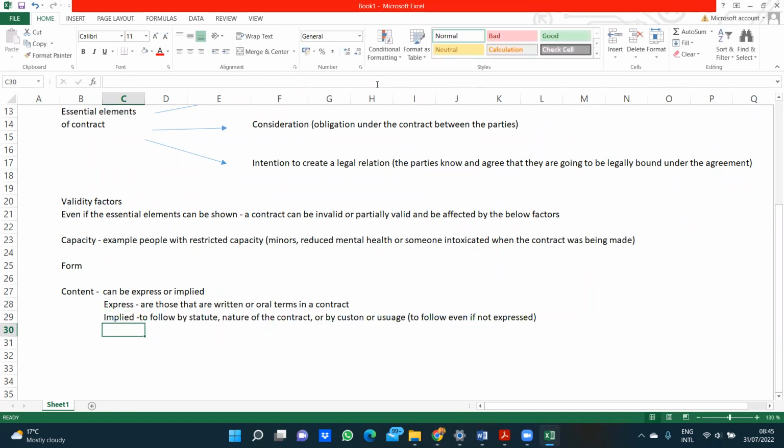For example, when you're entering an employment contract with a third party, you have the express terms like the policies of the company, and the implied terms, the rules and regulations under the protection of employment laws. Okay.